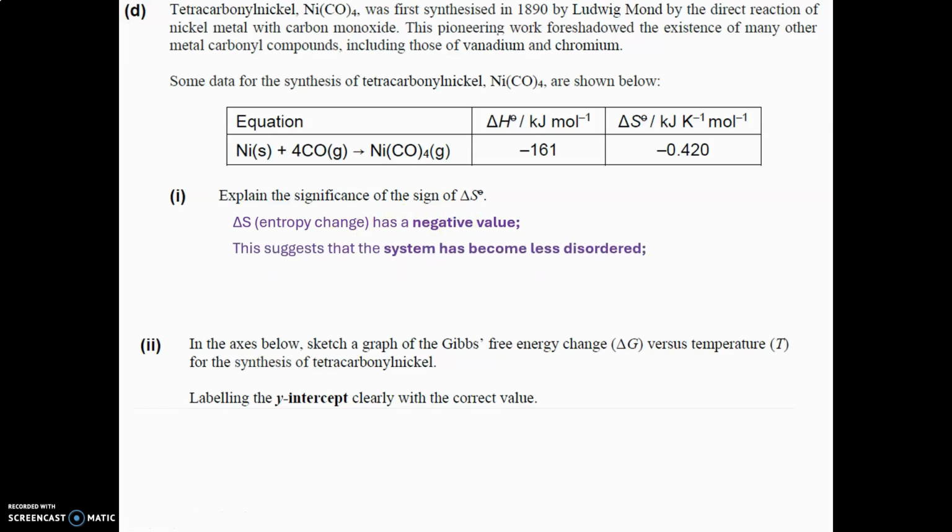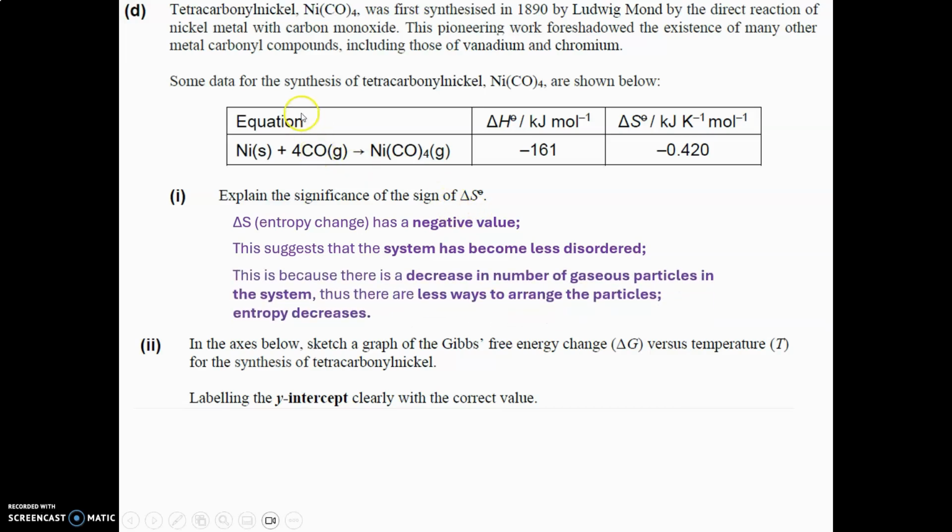So the significance of this is that the system has become less disordered or more ordered because there is a decrease in the amount of gaseous particles in the system from 4 moles to 1 mole, which results in fewer ways to arrange the particles, and so the entropy of the system will decrease. That's why it explains the negative sign of delta S.